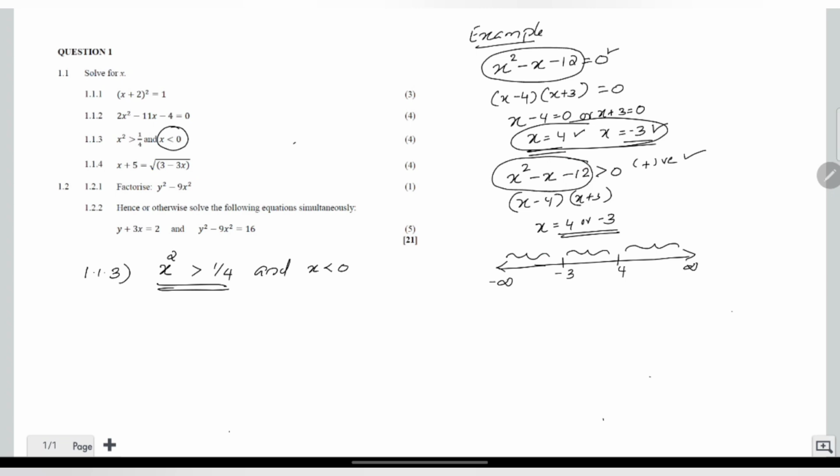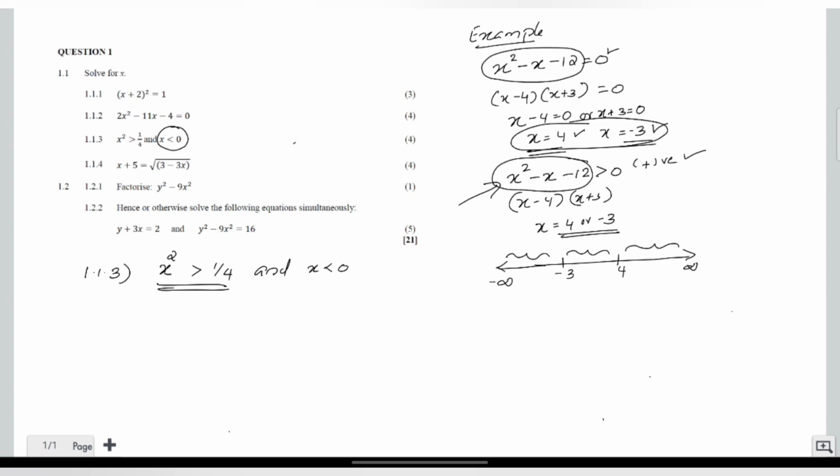That's how we normally do. So minus infinity to minus 3. Can you guess one number between minus infinity and minus 3? You can use minus 5, minus 10, minus 100, substitute here and check. That's how we normally do. Will that number be positive or negative?